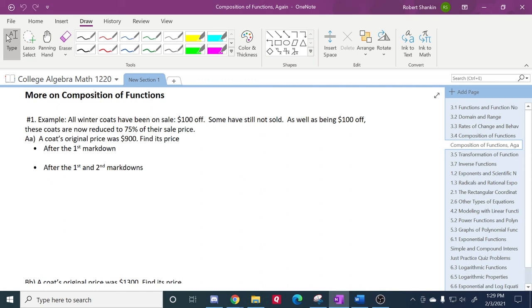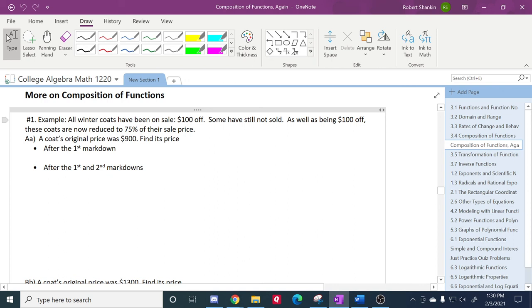So if it was a $500 coat, it got $100 off down to $400, and then it was reduced to 75% of the $400. So it didn't reduce by 75, but 1/4 off.